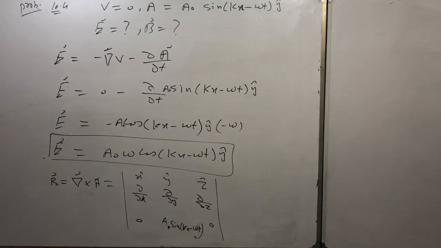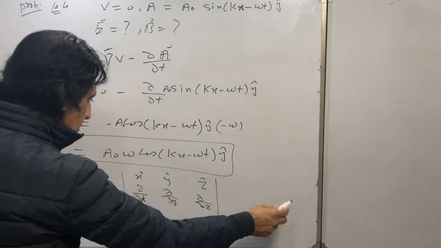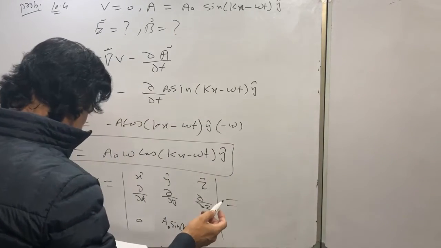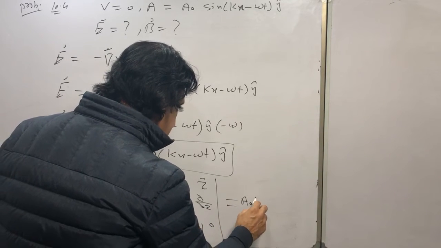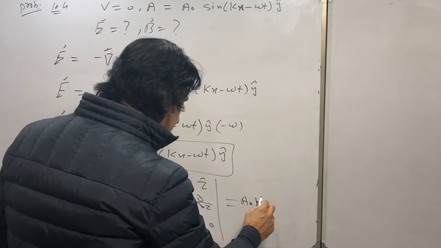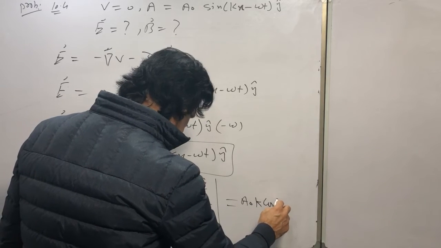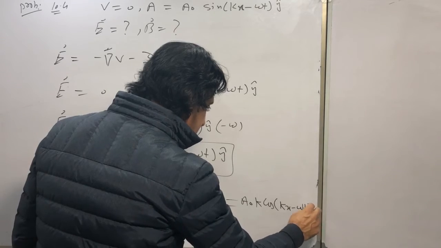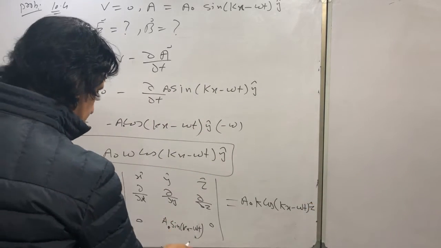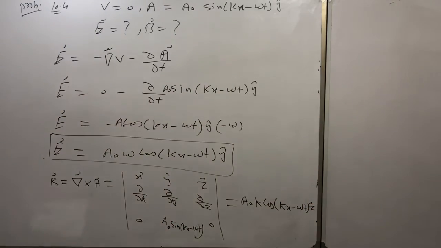After simplification, you can do this very easily. We find A naught k cosine of (kx minus omega t), which is y cross x, meaning it is in the z direction. So we have the electric and magnetic fields now.